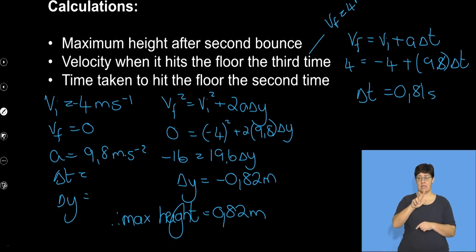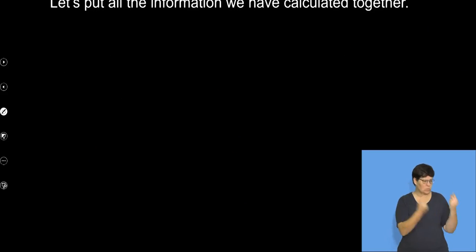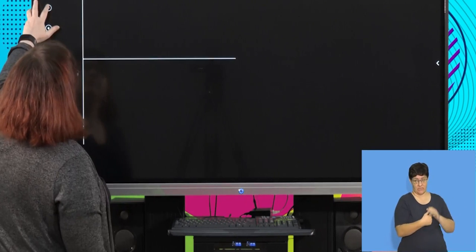Why did we do all of this? So that we could put that information together on a graph, okay? So, velocity time graph. And we're going to do this very quickly. Was dropped. Initial velocity was 0.